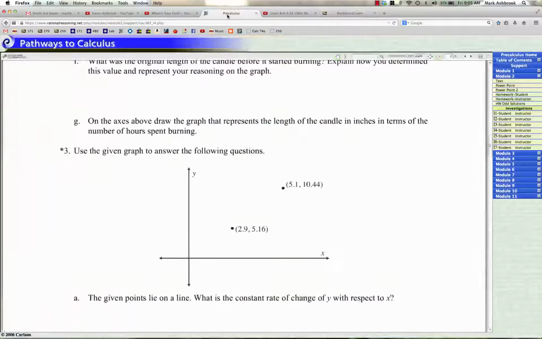So I think we left off last time with this example, so I want to pick it up there.